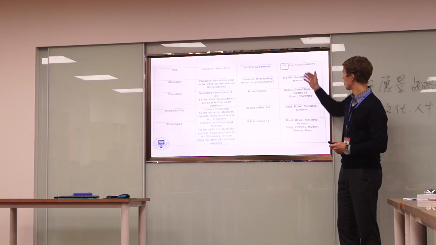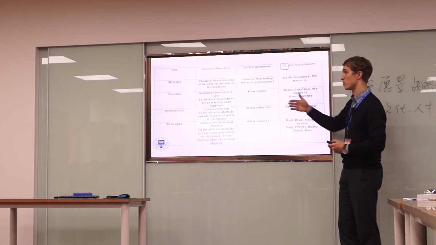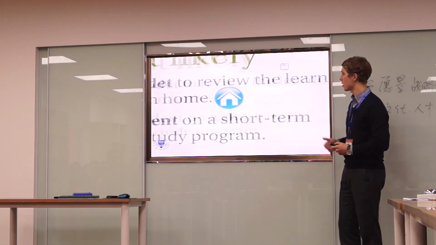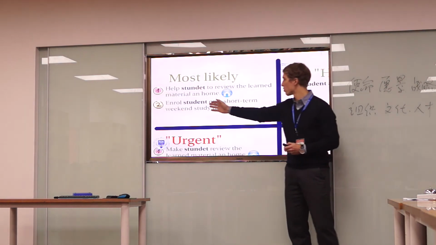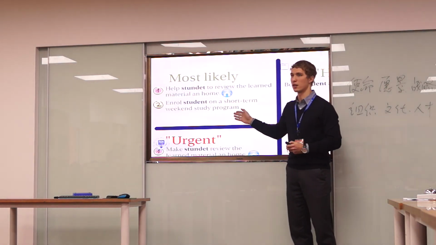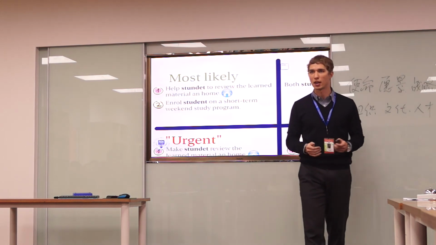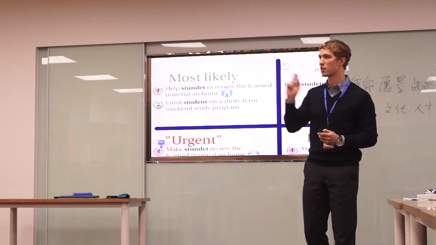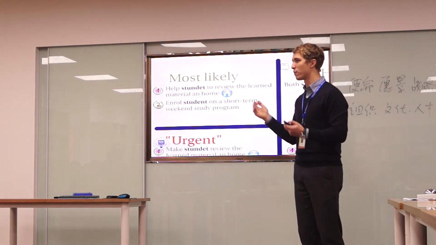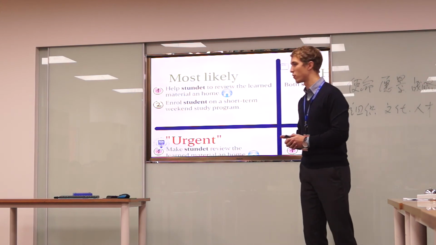We provide some of the words and structures they can revise with the students at home. And another alternative would be to enroll the student in the short-term weekend study program that we are going to launch next semester. So these are 2 alternatives we can use to fix the problem if students' performance is not that good.